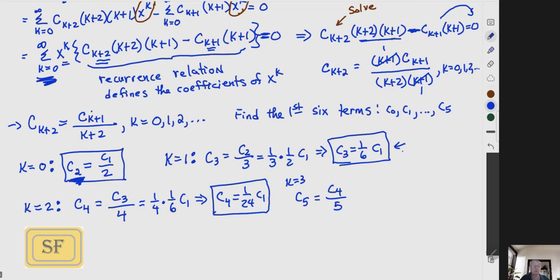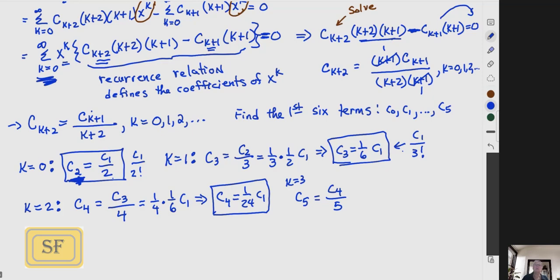So notice that if we wanted to, we could come up with a formula here, because all it's doing is adding an extra factor in the denominator. Notice that for c sub 2, we get 2 in the denominator, which is 2 factorial. C1 over 2 factorial. For C3, 6 is 3 factorial. So you get C1 over 3 factorial. For C4, 24 is 4 factorial, and so forth.